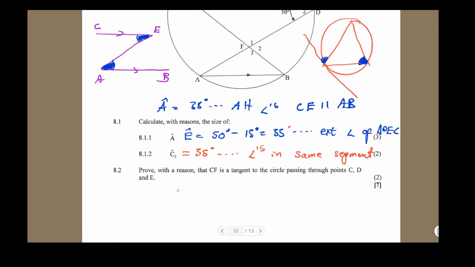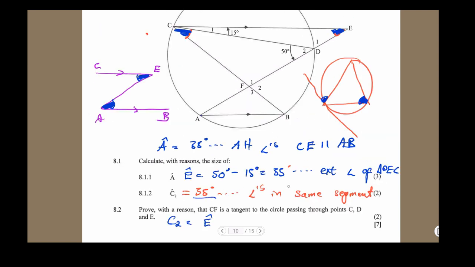So the same proof with a reason: we can say C2 is equal to angle E. We proved that C2 is 35, and angle E is 35 also.